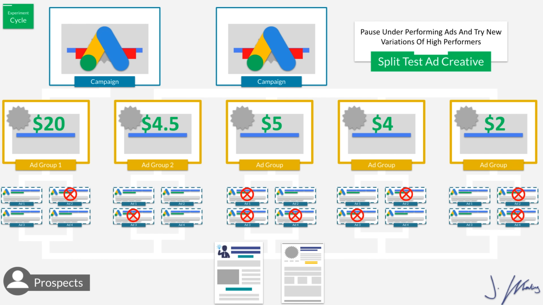Pause the one that's not, copy the one that is and make a new one. And then you're going to come back a week later and maybe the copy did better. So what do you do? You pause the original one and you copy it again and you try a new variation. So that's why copywriting with your ads is so important, because that's the only part of this process where you're going to constantly be changing it and engaged with it. It's a never ending cycle.